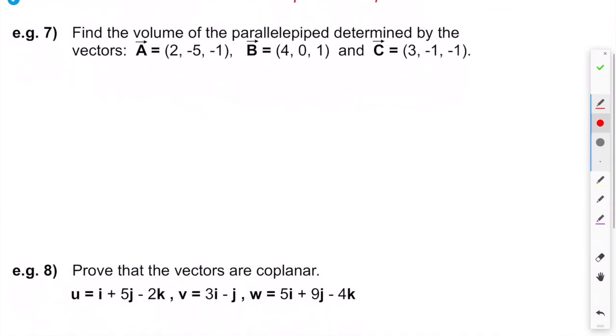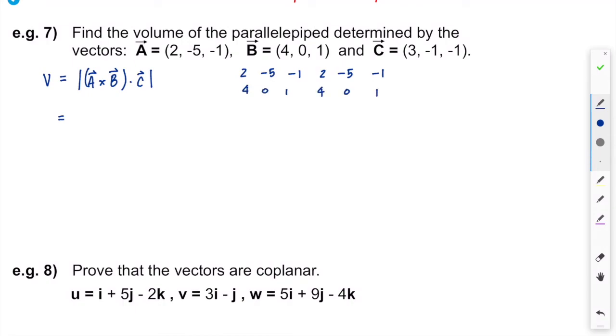So here is example 7. Find the volume of a parallelepiped determined by these 3 vectors. So let's just go by the easiest version, which is A cross B dot C. Okay, so let's work out A cross B. All right, so what do we have? 5, -5, -0, -4, -2, -6.